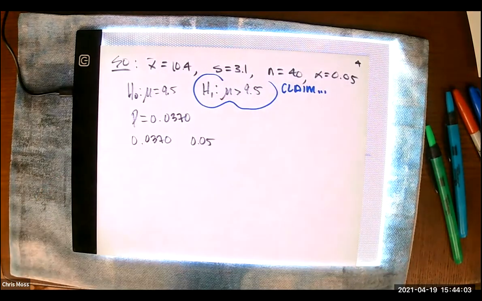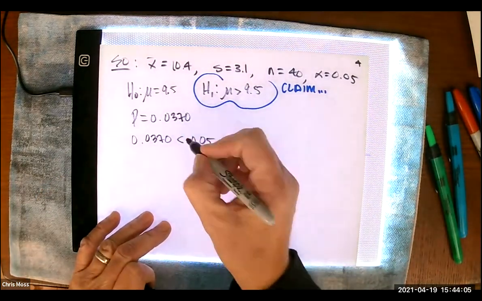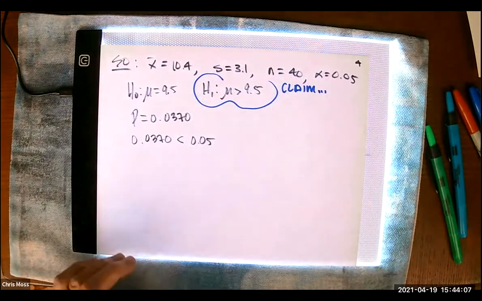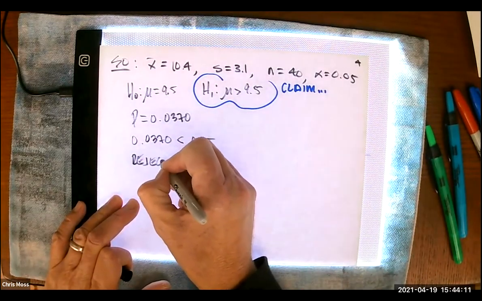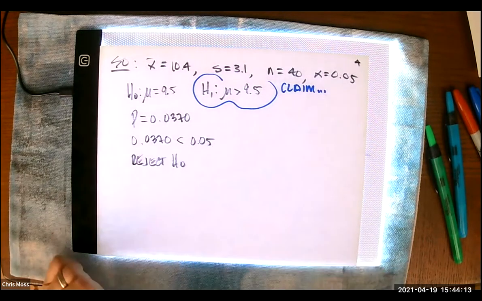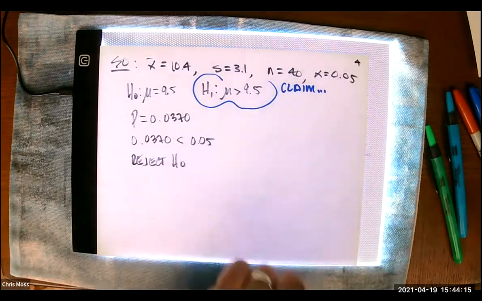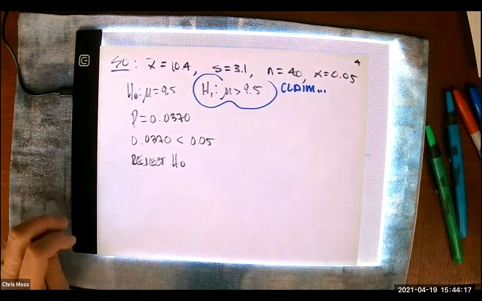0.05 was the level of significance. My p-value is less than the level of significance, so we will reject the null hypothesis. That means we're going to go with the alternative, which is our initial claim.